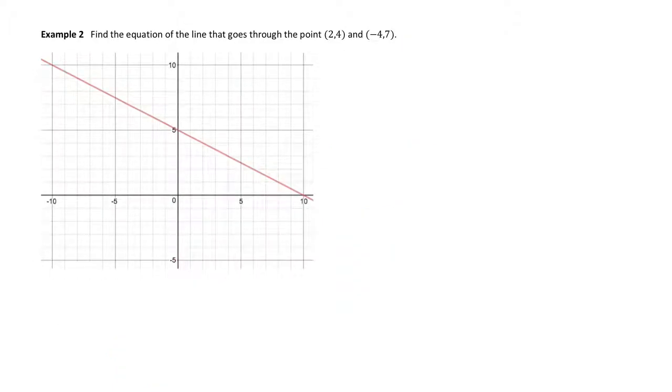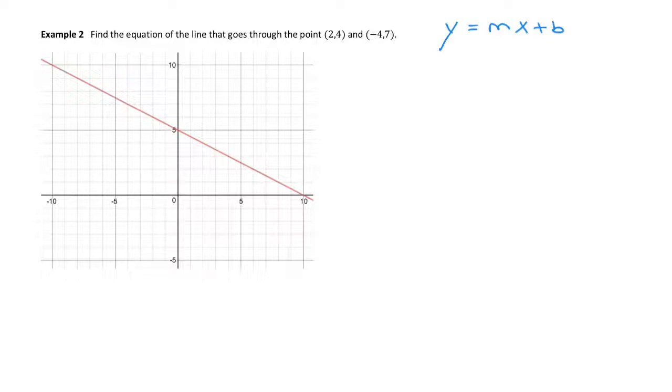In example 2, I'd like to do pretty much what we did in example 1, where I want to find the equation of the line, y equals mx plus b, that represents this equation. But specifically, I want to focus on, what if you only knew the information (2, 4) and (-4, 7)? What is the equation that goes between these two points? I'm providing a graph just as a guide to walk through this process.